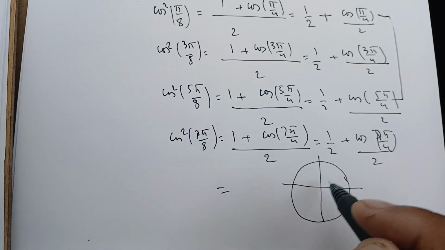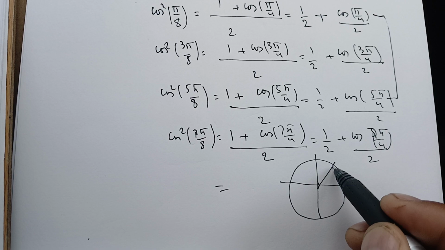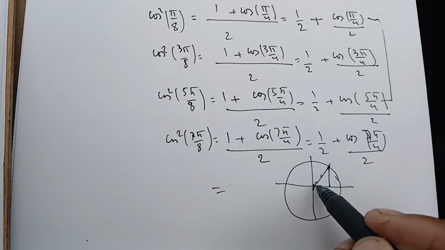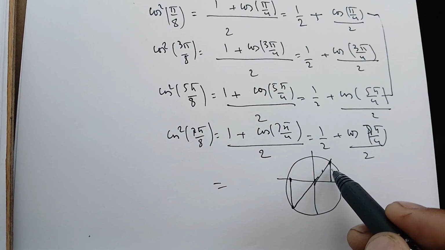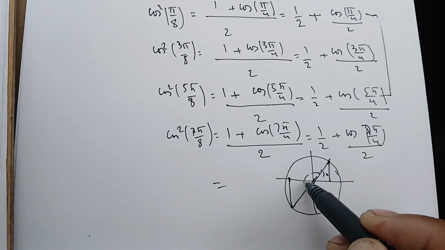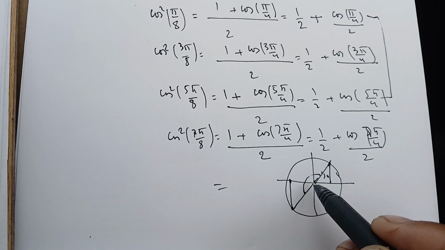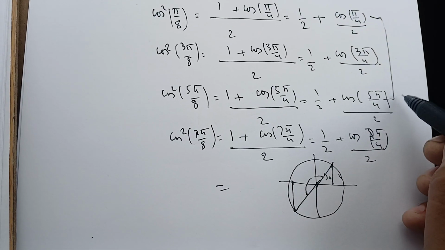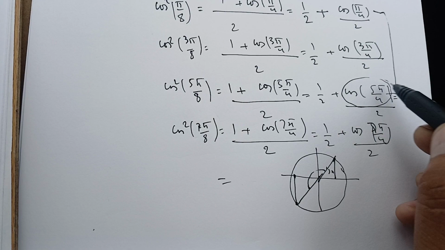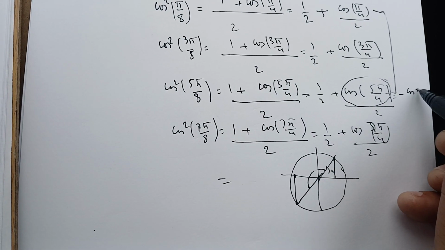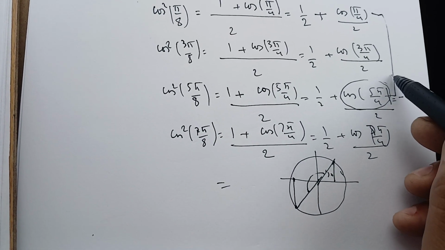This is the unit circle, pi over 4, cosine is here. When I add pi, I get something negative. So this is pi over 4, and this is pi. That means 5 pi over 4. This one is this angle here. This cosine is minus cosine pi over 4. Therefore, these two cancel.